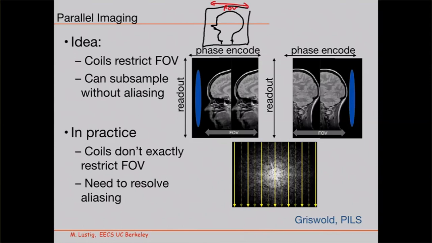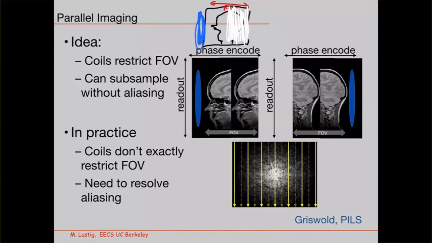Now, if you have a coil that is put on this side, this is the blue coil, let's say this coil only sees half an image. So it really doesn't see the backside of the head. And let's say it's perfectly 1 and then 0. It's not, but let's say it is. So this coil sees half the field of view.